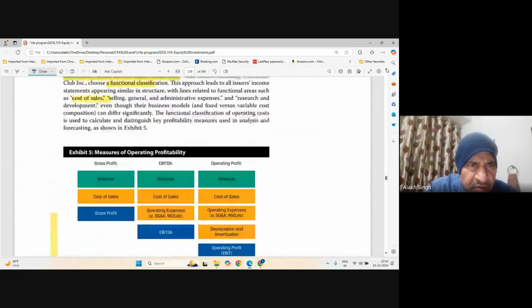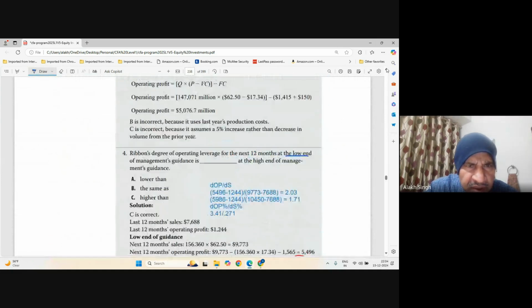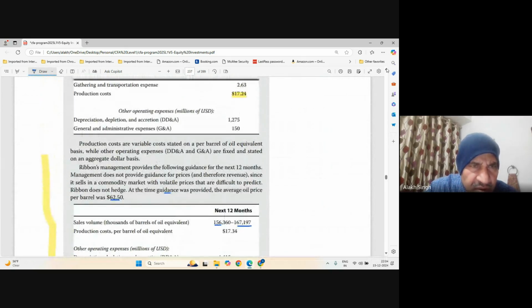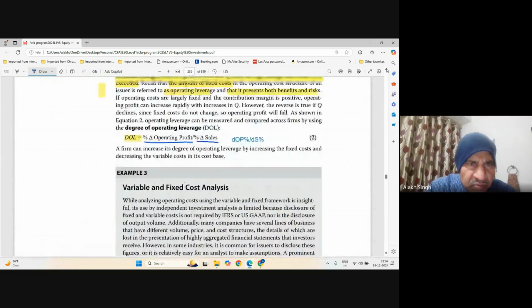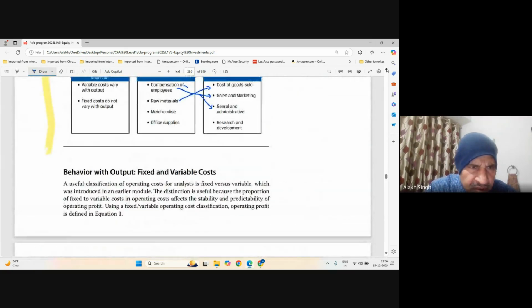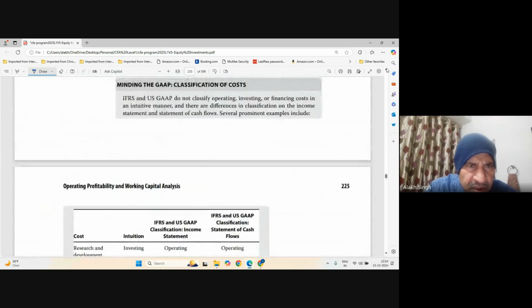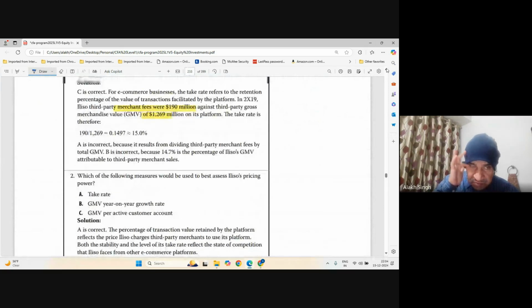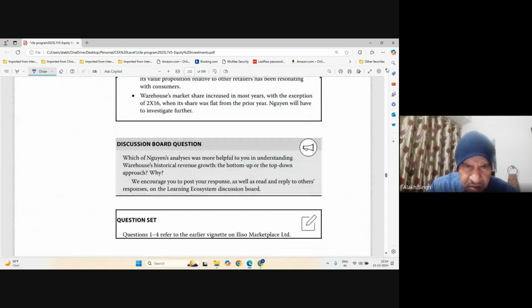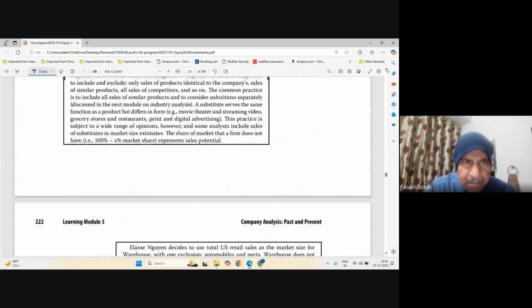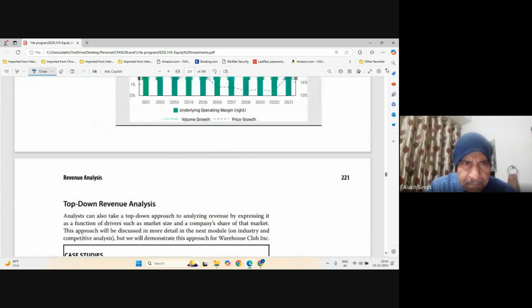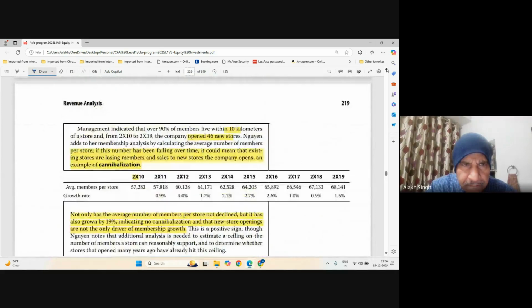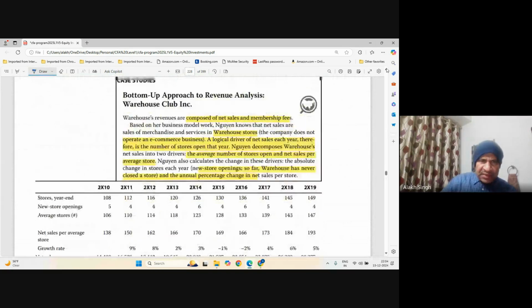Where did that go? Degree of financial leverage. We had this formula right now. It looks like this chapter is not written very well, or they modified it and messed up. Where was that formula? We had actually right now, no?